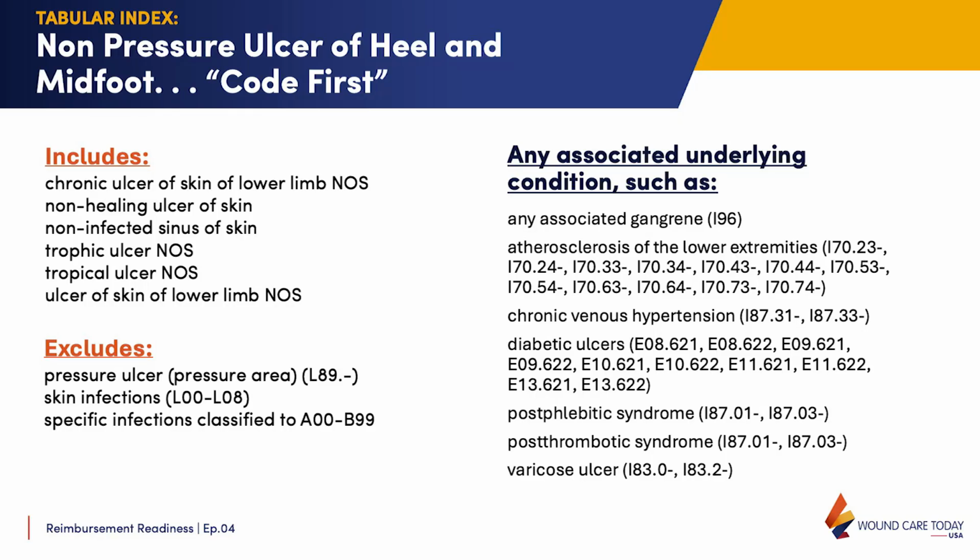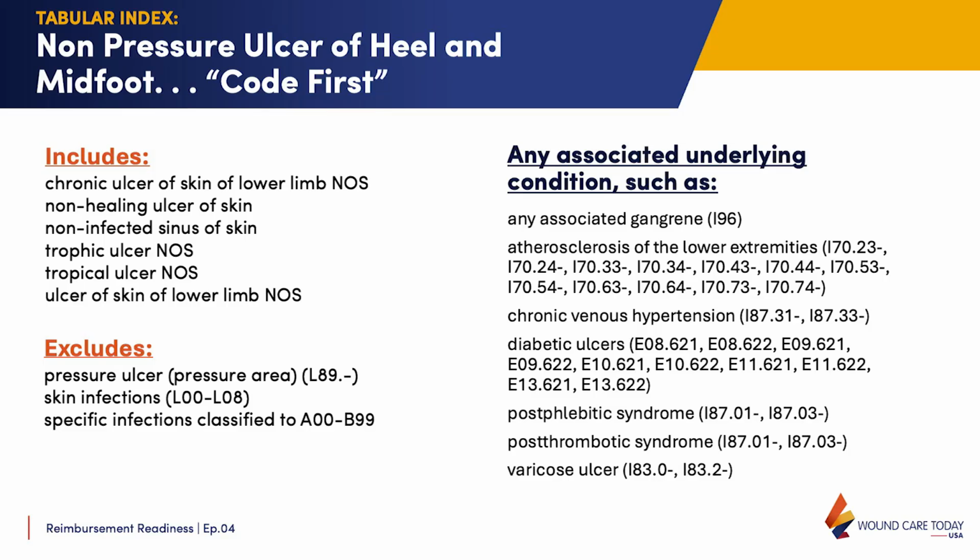However, we also have an excludes note under there that says if it is a pressure ulcer, you need to go to category L89 for pressure ulcers to look up your code. Or if it's a skin infection, it's going to L00 to L08, which would be your abscess, cellulitis, and so forth.